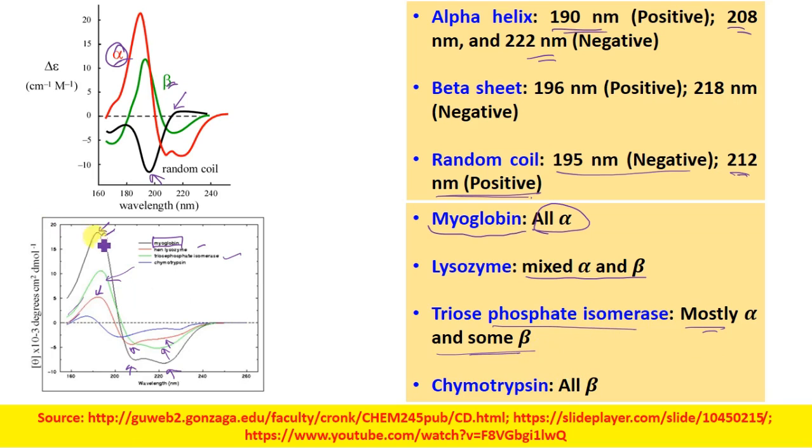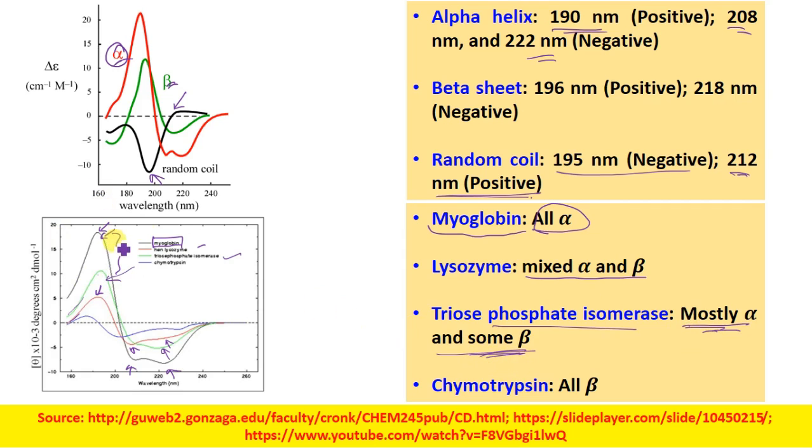And then if you look, the intensity level is quite different, and that is because your beta sheets are pulling down the intensity levels, and hence from there you can say that it is mostly alpha and there are some beta.